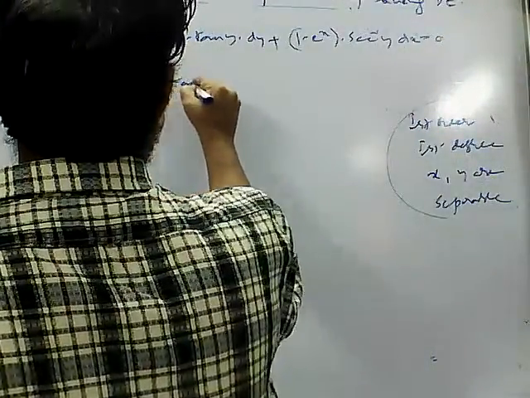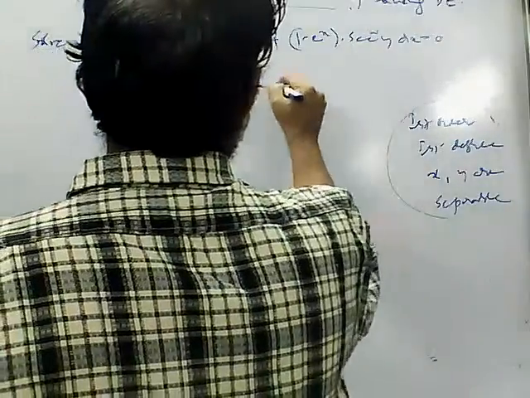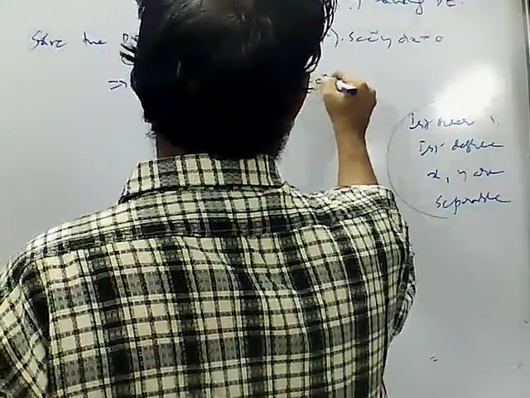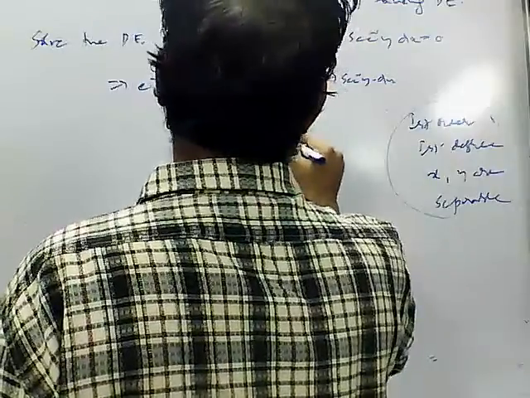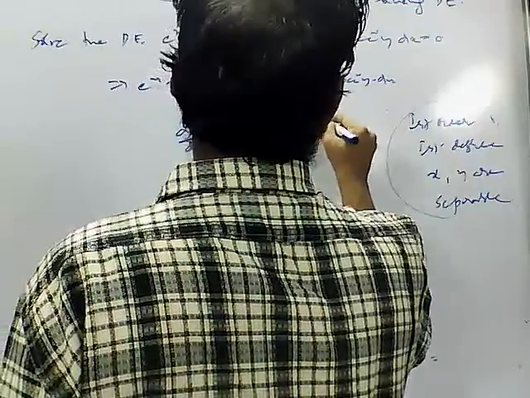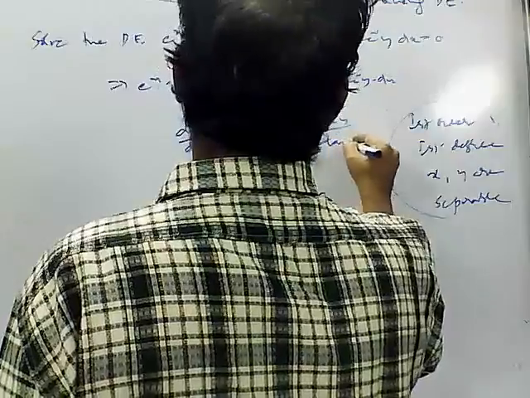That implies e power x into tan y dy is equal to minus of 1 minus e power x into secant square y dx. So dy by dx is equal to e power x minus 1 by e power x into secant square y by tan y.